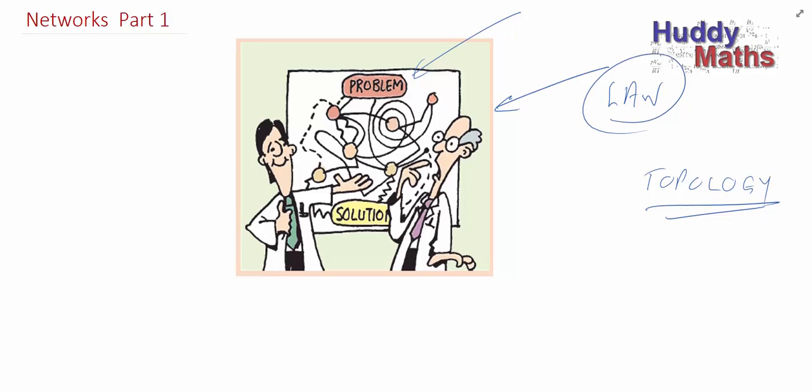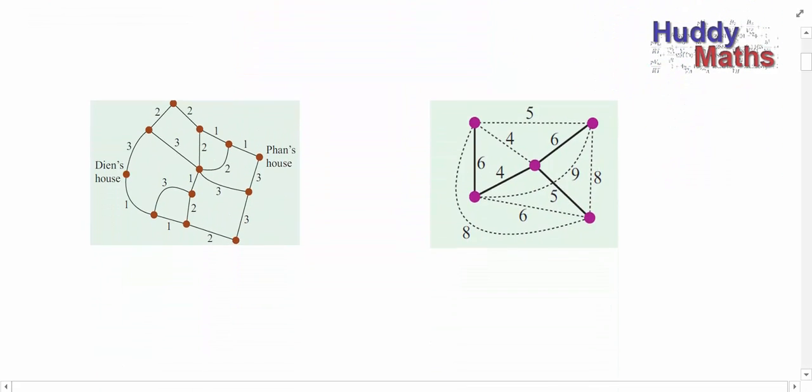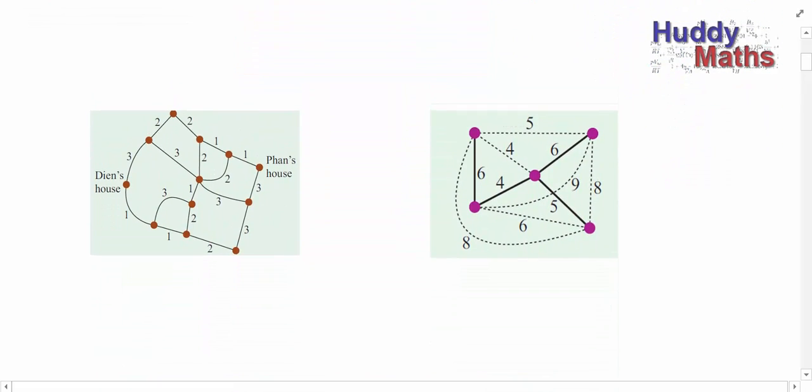So let's come down now and have a look at a couple of examples. So over here, you have a friend's place you're wanting to go to. We're calling the person Fan and DN there. And all these connections are the roads that lead from one place to another, and the numbers are the distances.